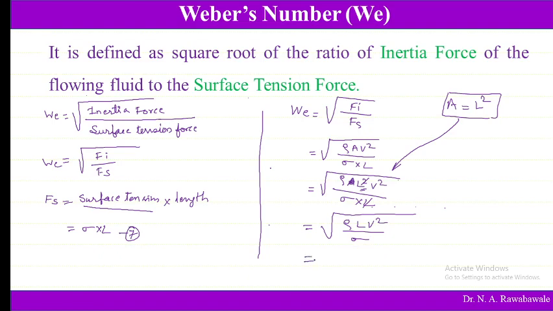Or this can be written as V divided by square root of sigma divided by rho L. This is Weber's number. So Weber's number is given by velocity divided by square root of surface tension divided by density into length. So this is a dimensionless number.